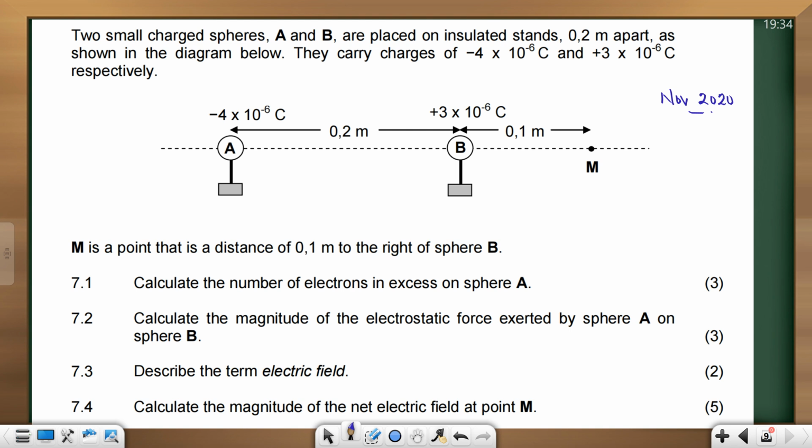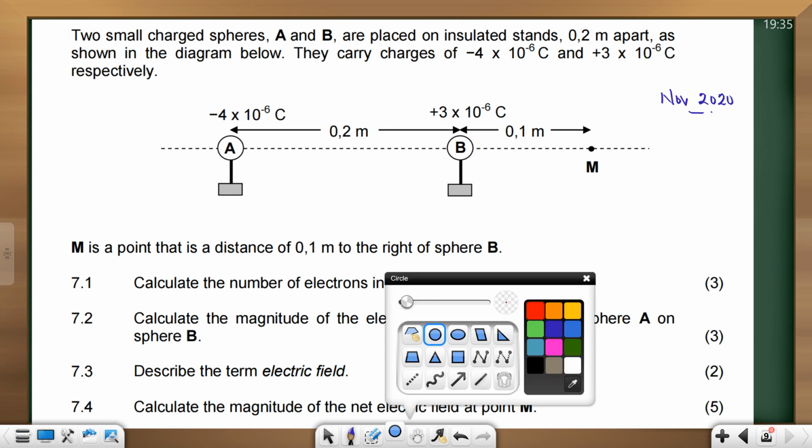That's very important, except when the examiner is asking you for magnitude. M is a point that is a distance 0,1 meters to the right of B. Number 1: calculate the number of electrons in excess on sphere A.